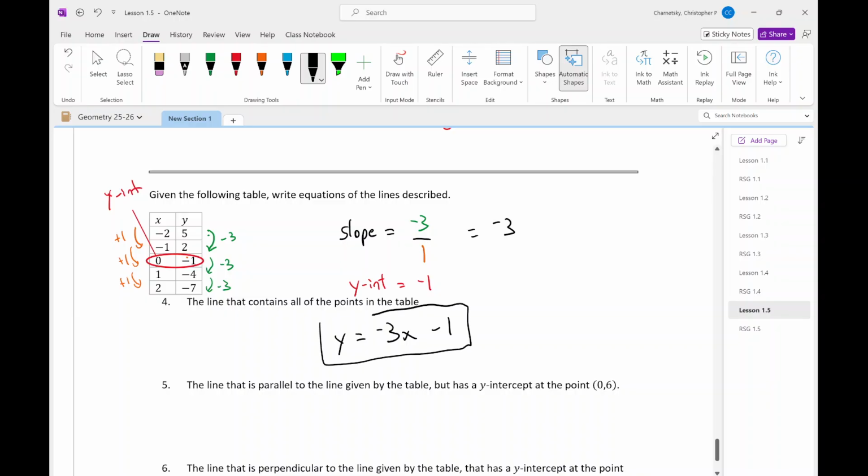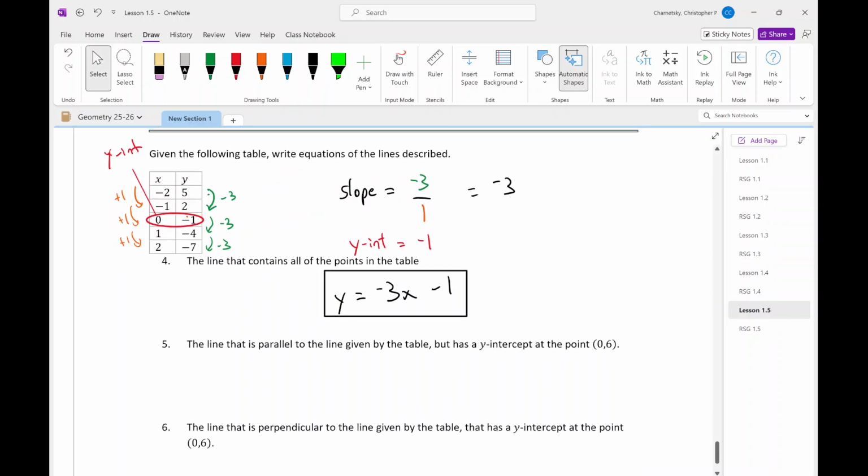There is our equation of that line. Okay, a line that is parallel means same slope. So it's going to have the same slope, -3, but it's going to have a different y-intercept. That's going to be at 6. So our equation becomes y equals -3x plus 6.